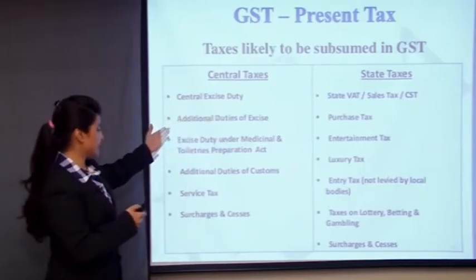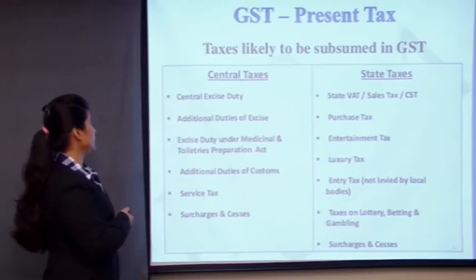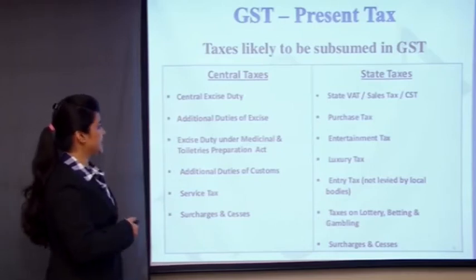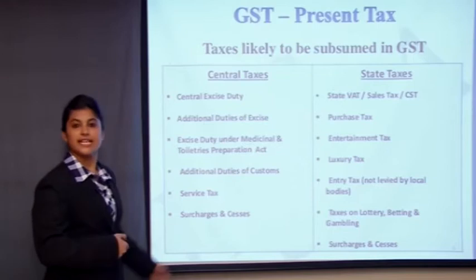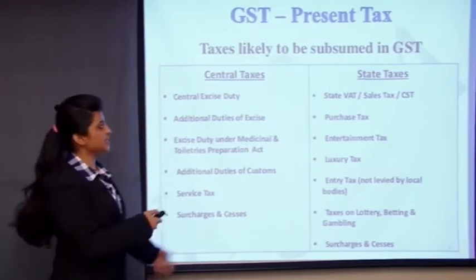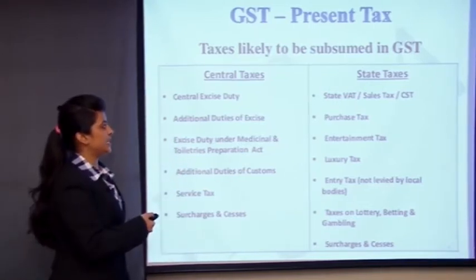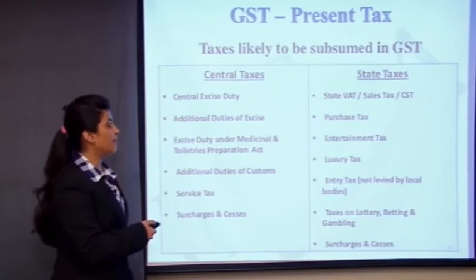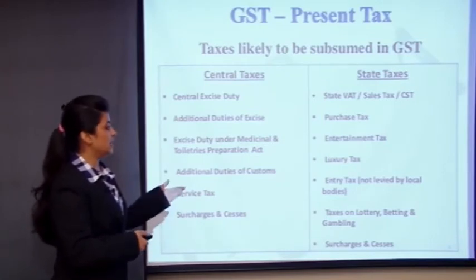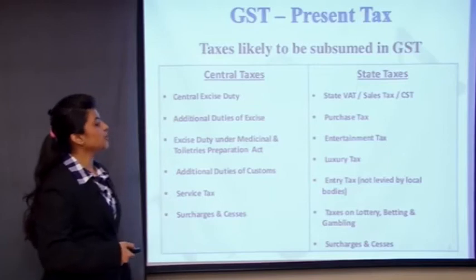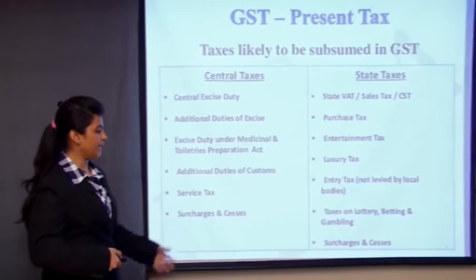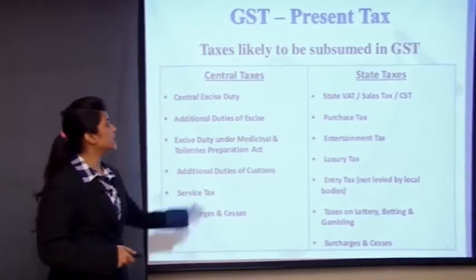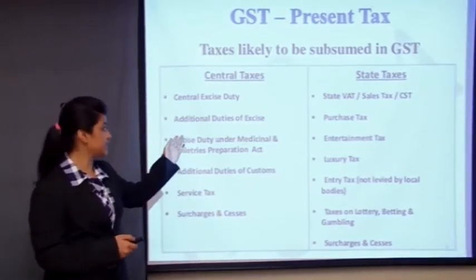Central taxes are central excise duty, additional duties of excise under the Medicinal and Toiletries Preparation Act, additional duties of customs, service tax, surcharges and cess. These were the central taxes. State taxes: state VAT, sales tax, CST, purchase tax, entertainment tax, luxury tax, entry tax not levied by local bodies, taxes on lottery, betting and gambling, surcharges and cess. These were the central and state taxes.